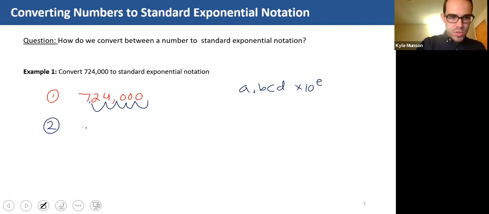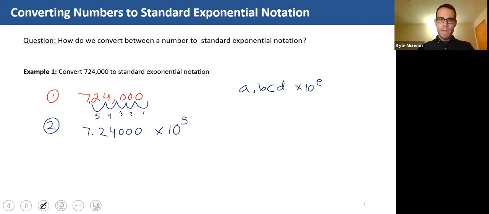All right, so 7.2400 times 10. We moved over 1, 2, 3, 4, 5 places, okay? So that means this exponent is going to be a 5. So the decimal point moved 5 places to the left.